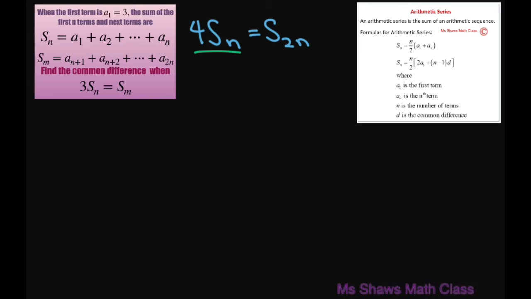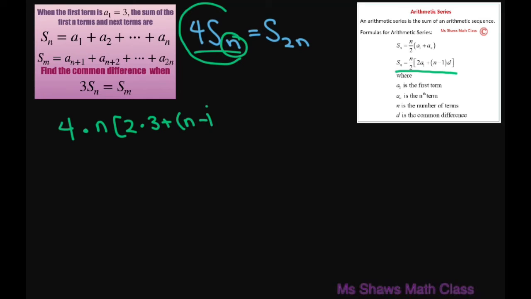All right, using our formula, for this side, we get 4 times n times 2 times your first term, which is 3, plus n minus 1 times d. All right. And then we can divide by 2. I'm just going to put it underneath here. So that's going to be 2.